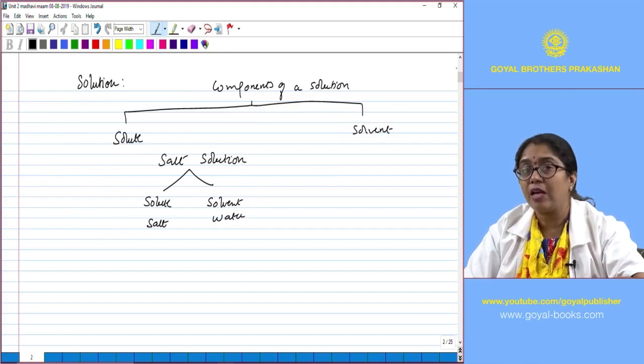And coming to what is solubility, every particular solvent has some ability to take in some quantity of the solute, and this is known as solubility.